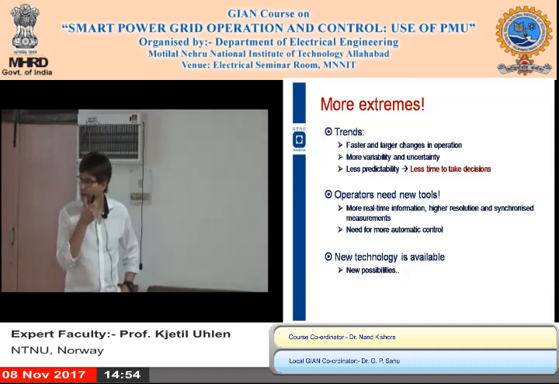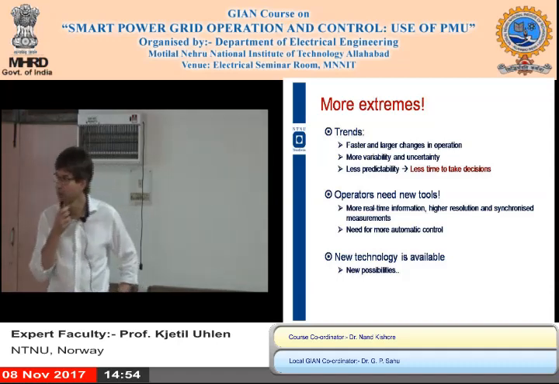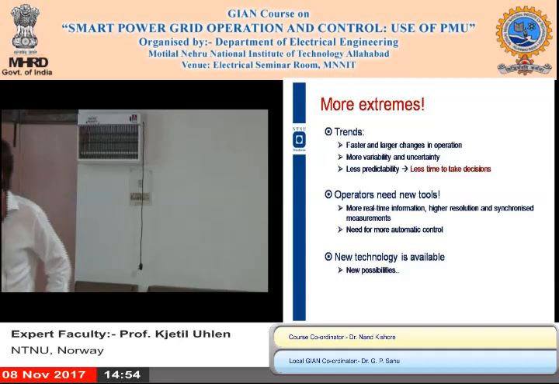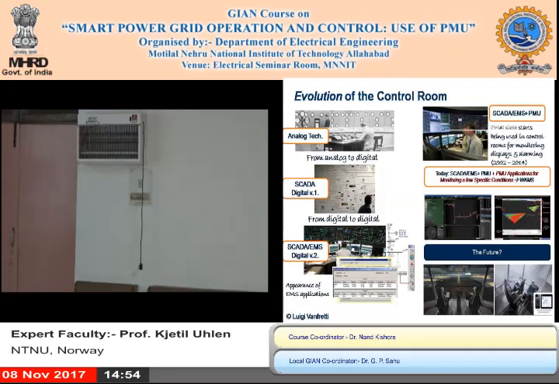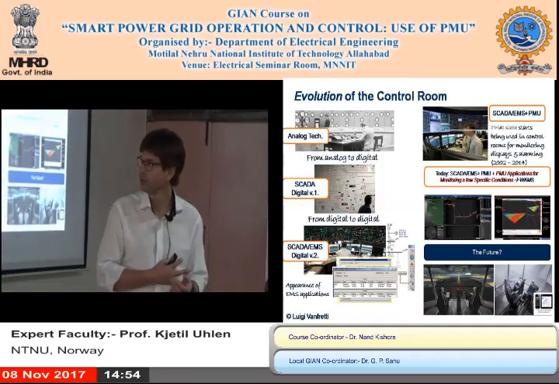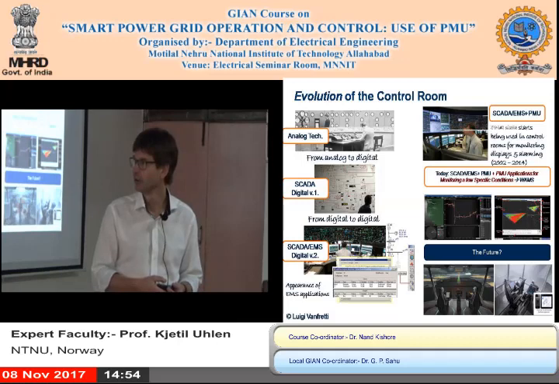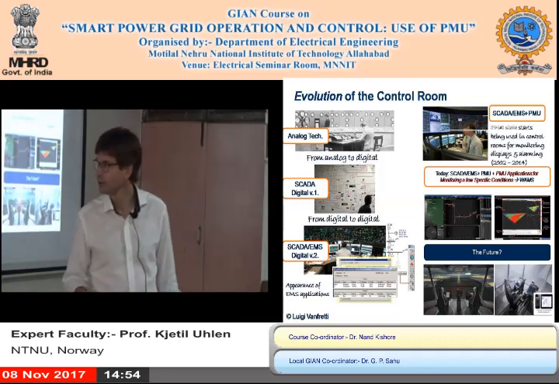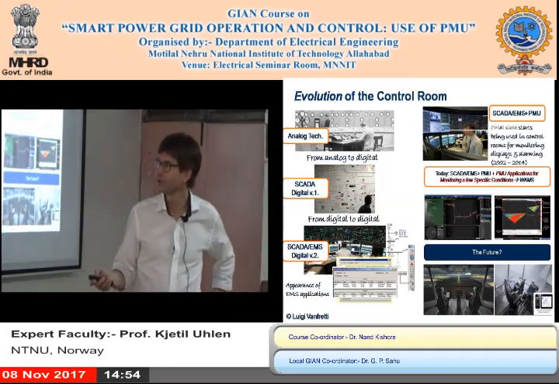So if you look at, let's say, the evolution of the control room and the work environment for operators, you see the development from the time when they had analog instruments to where something was digitized.